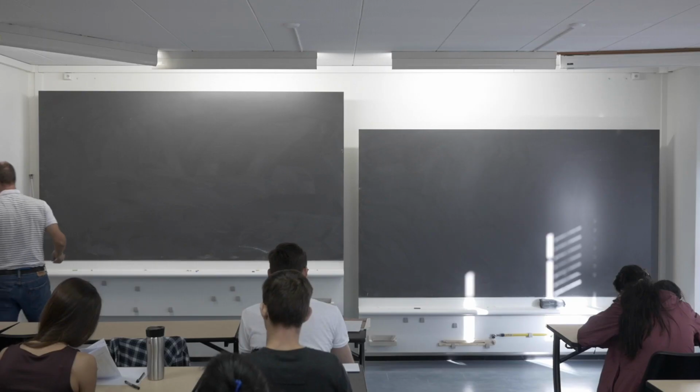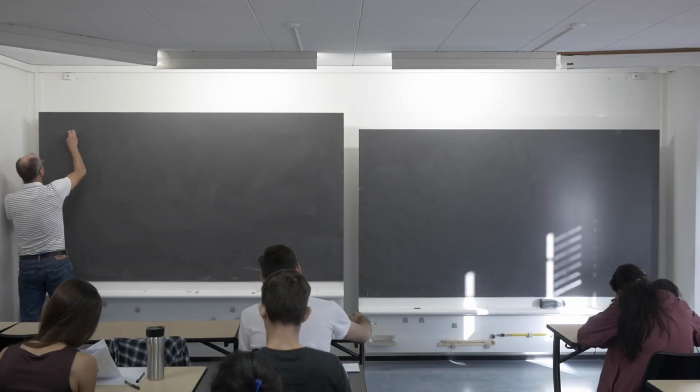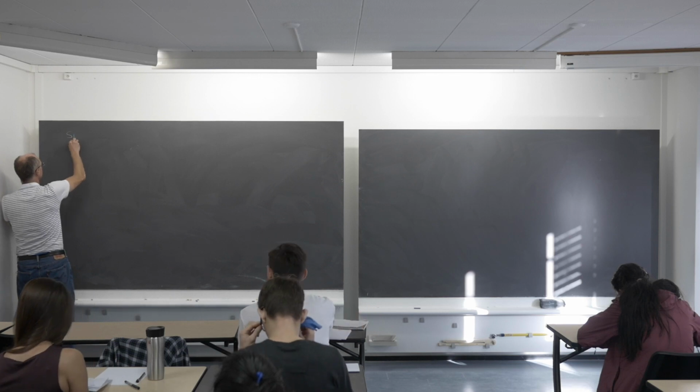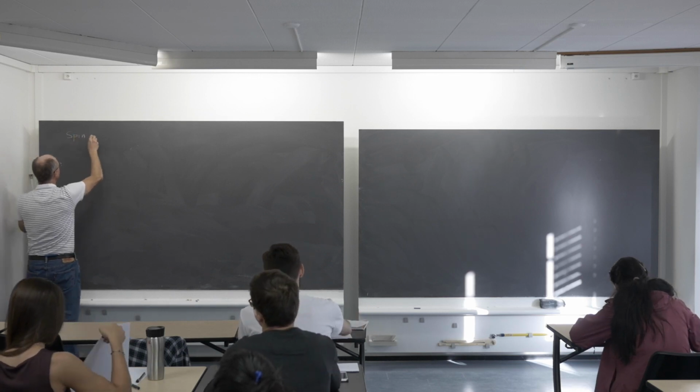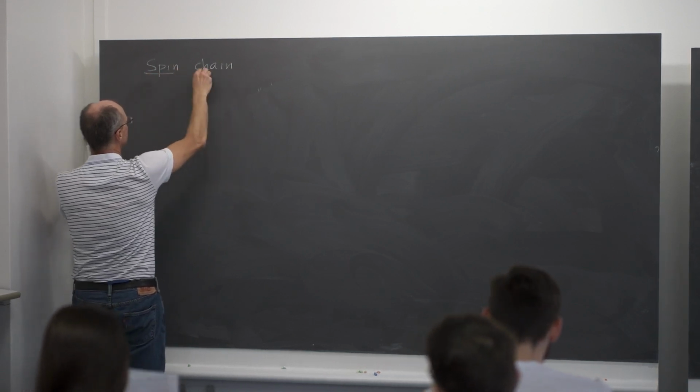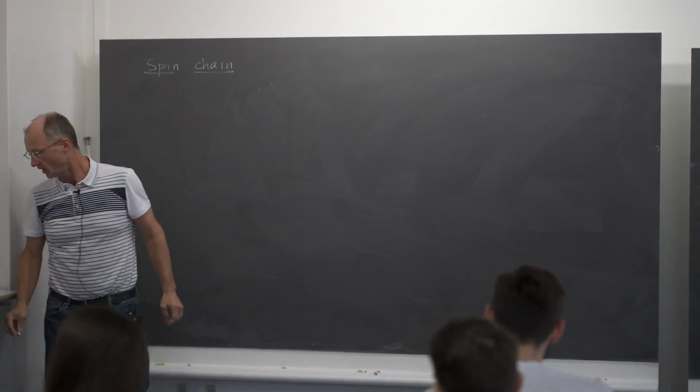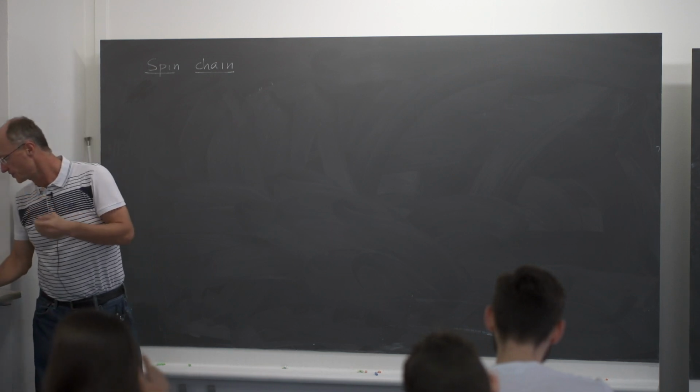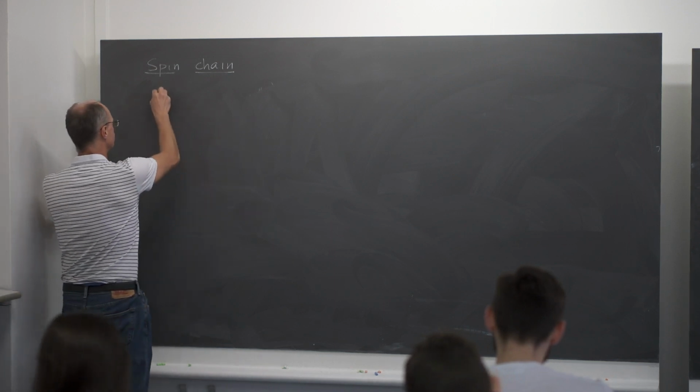So let me recall that today we are looking at an example of a finite dimensional quantum system. It's called a spin chain, and we've already seen the basic elements of it.